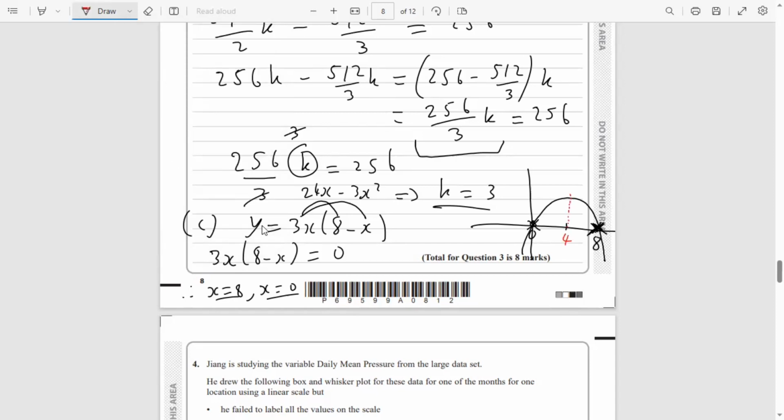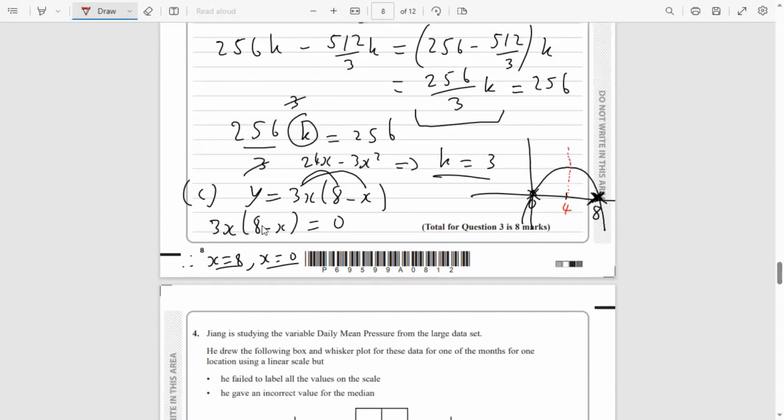And remember, quadratic curves are symmetrical. So let's just be really clear about why this is true. So this curve is symmetrical. So it's symmetrical about x equals 4.